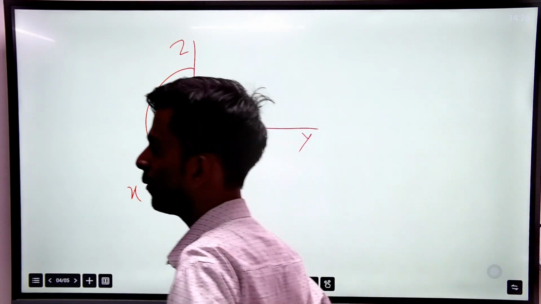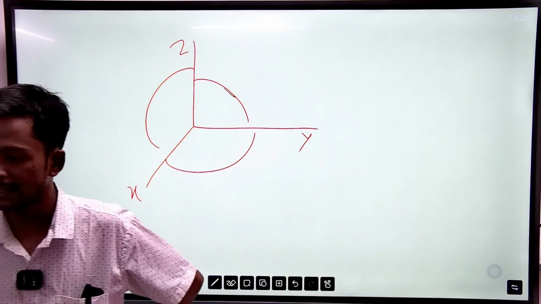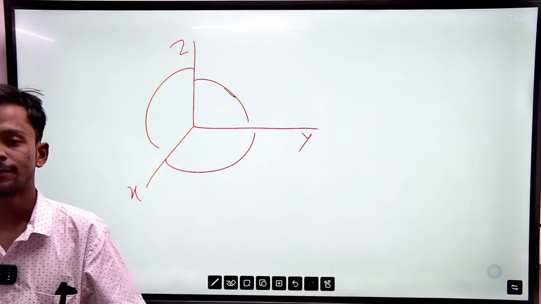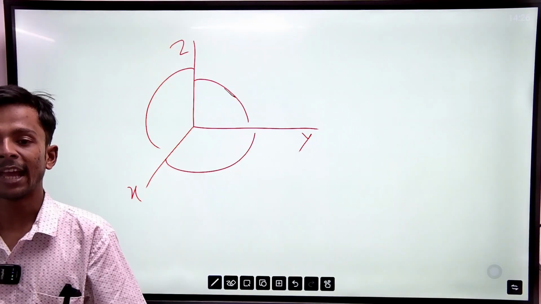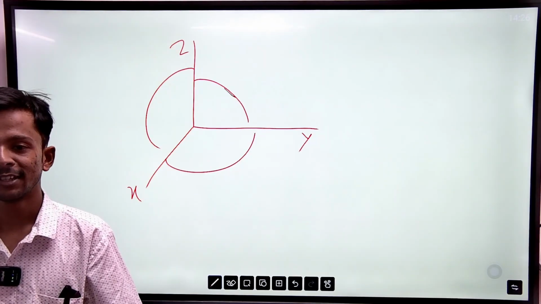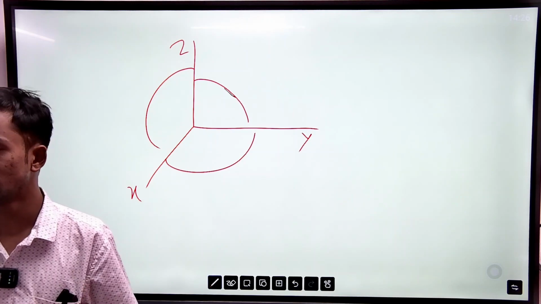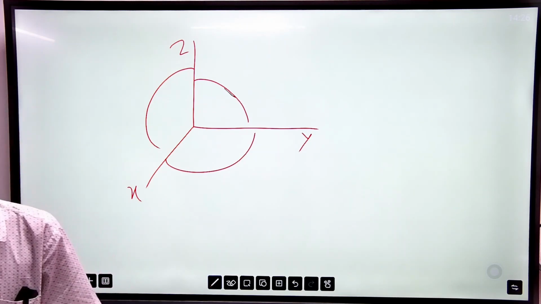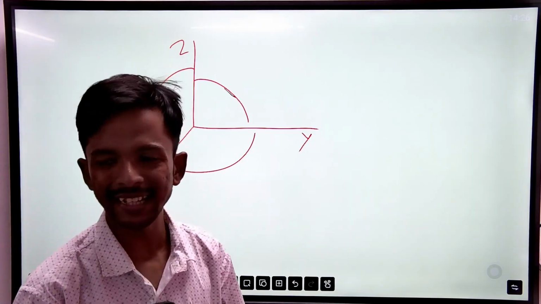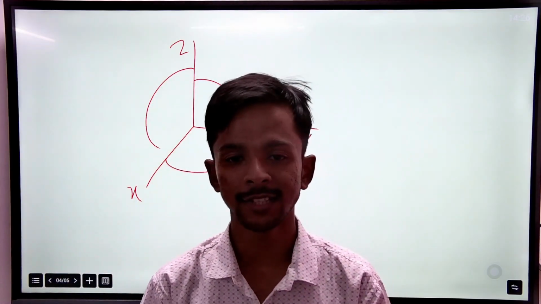So the coordinate for a point lying on the xy plane is what? x, y, 0. Yes or no? If the point is in the xy plane, the z coordinate will be 0. Right? x, y, 0. I hope you are getting the understanding.